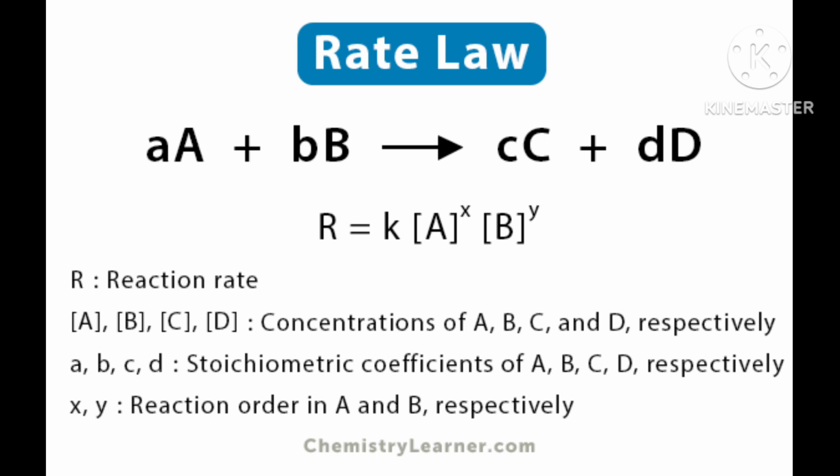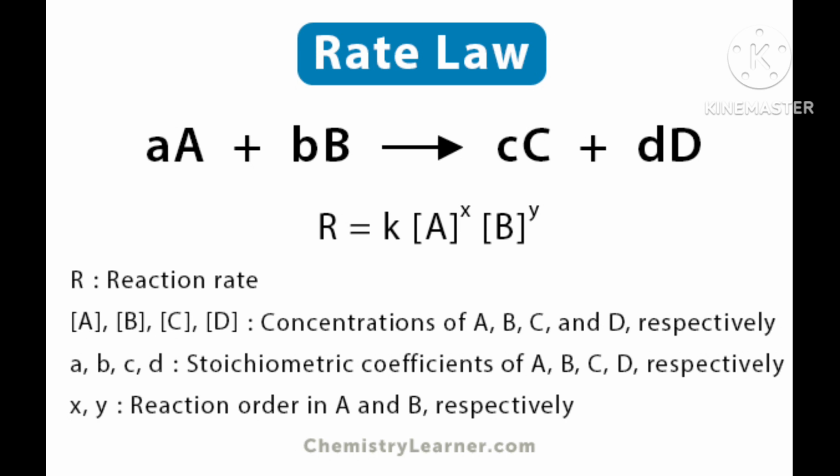Similarly, C has coefficient small c and D has coefficient small d. All coefficients are small. A plus B giving C plus D. This general reaction you have to consider.